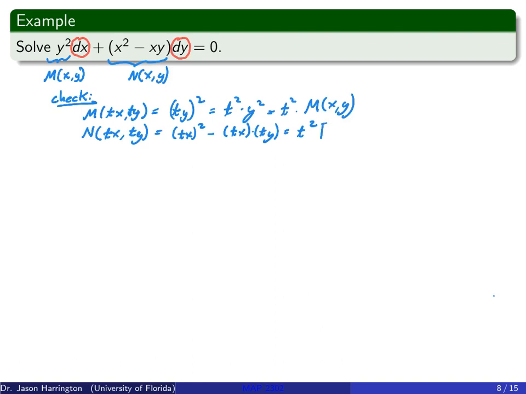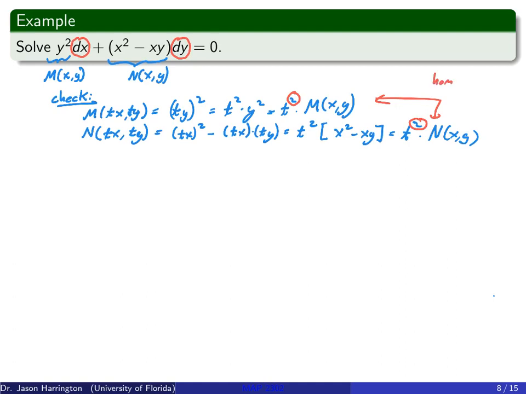And then I'm left with x squared minus xy, which is the same thing as saying t squared times n of x comma y. And both of those tell me, because they're both squares and everything matches up nicely, that this is now homogeneous of order 2.